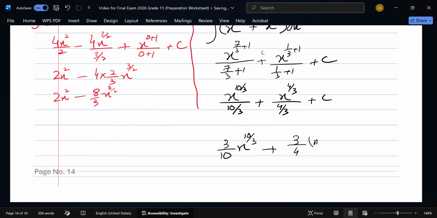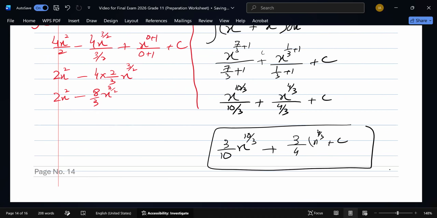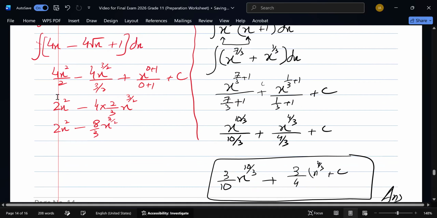Yes, we add the power here, so now it becomes x power 4 upon 3. Yes, very good. So this is my final answer after integration. Please note it carefully. Don't make mistakes.